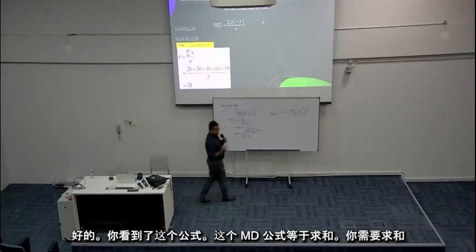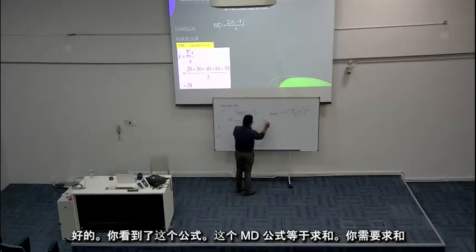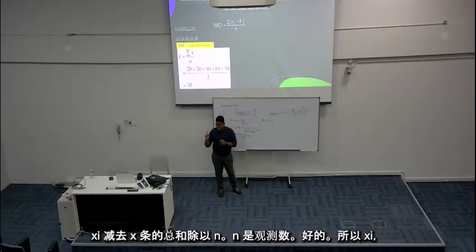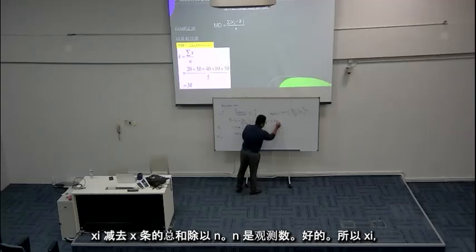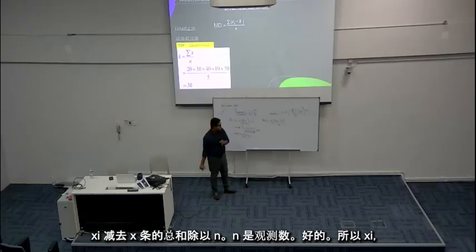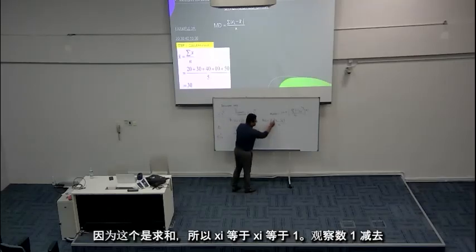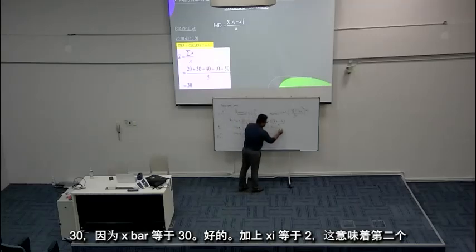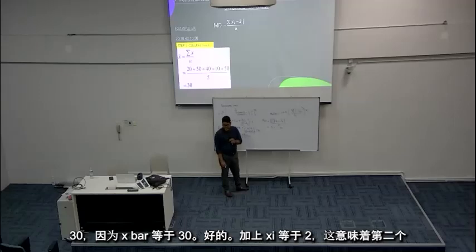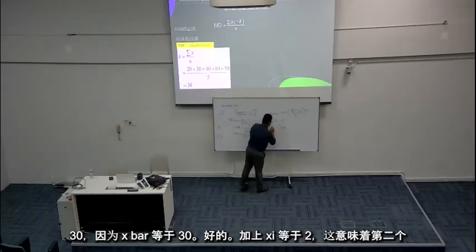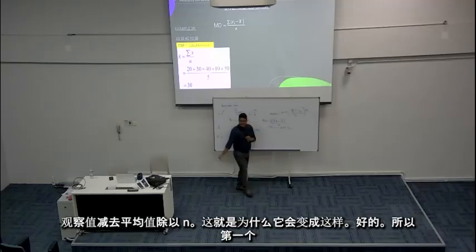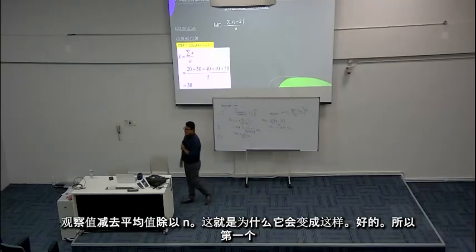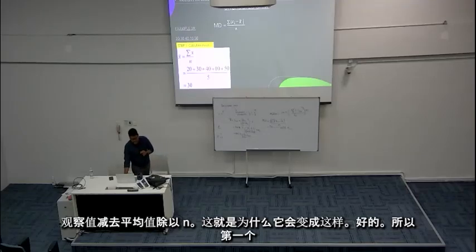You see this formula: MD is equal to the summation of Xi minus X bar divided by n, where n is the number of observations. For i equal to 1, observation number 1 minus 30, because X bar is equal to 30, plus i equal to 2, the second observation minus the mean, divided by n. That is why it becomes like this.